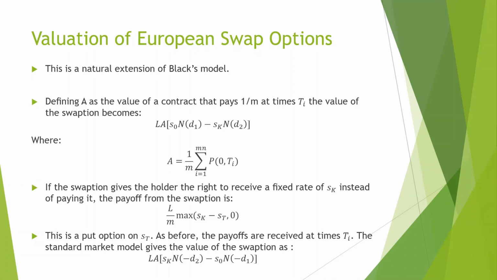If the swaption gives the holder the right to receive a fixed rate of S_K instead of paying it, the payoff from the swaption is L/m times the maximum of S_K minus S_T and 0. This is a put option on S_T. As before, the payoffs are received at times T_i. The standard market model gives the valuation of the swaption as the following equation.